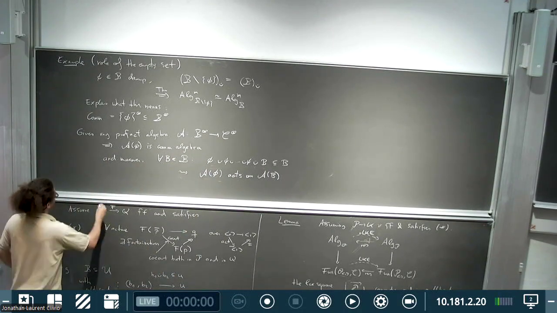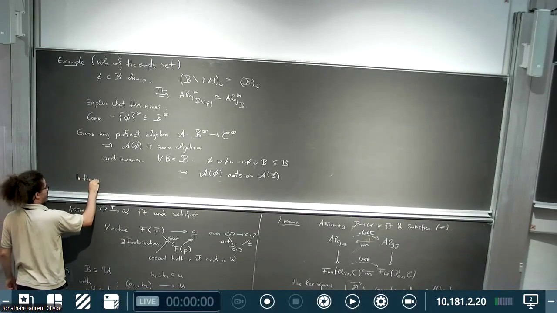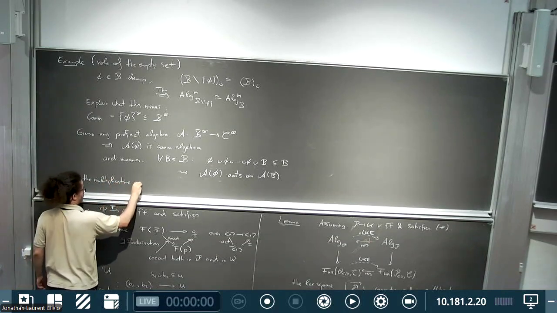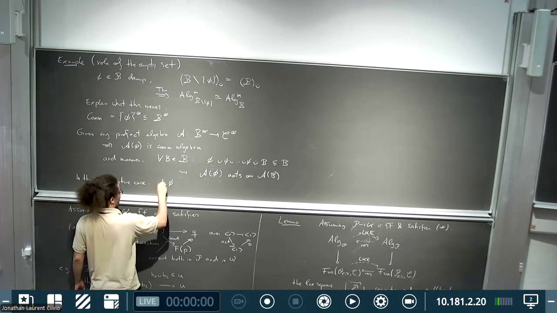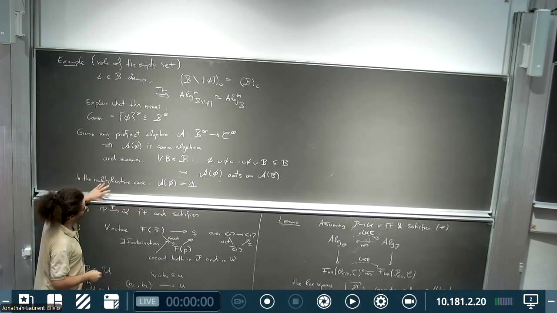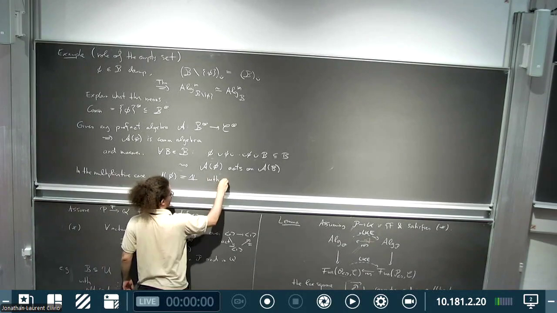And now, if you look at the multiplicative case, the multiplicativity condition exactly says that A of empty needs to be the monoidal unit, and this will have its trivial algebra structure.